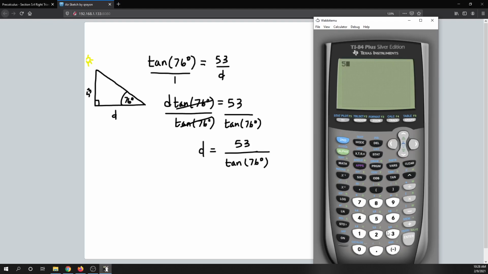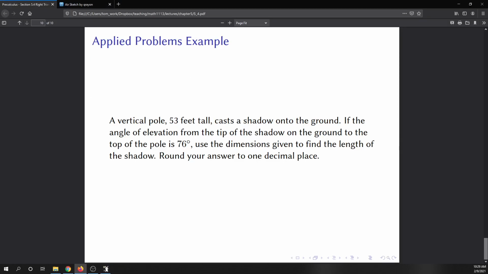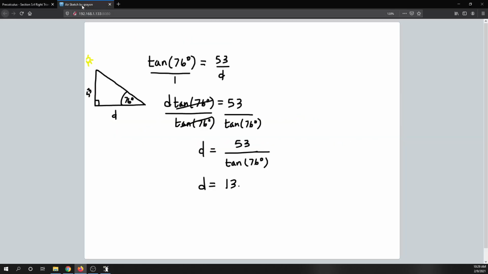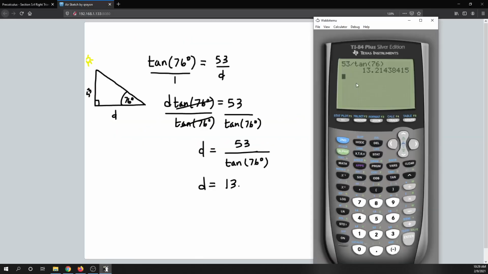Then it's 53 divided by the tangent of 76 degrees. All right, so I get D equals 13 point, let's see, they wanted it rounded to one decimal place, so that would be 13.2.